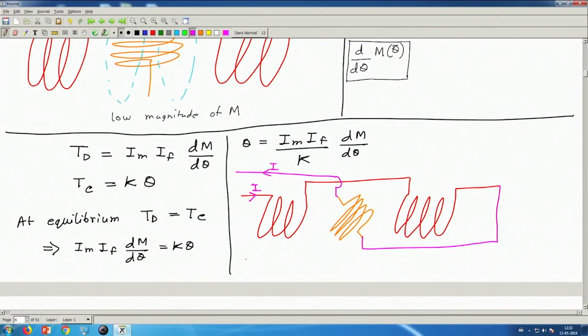So, basically I have Im is equal to If is equal to some current I, and therefore, we can write theta as, in place of Im If, I squared divided by k dM d theta, which is I square by k dM d theta. So, this is how we can use this instrument, by connecting the two sets of coils in series.